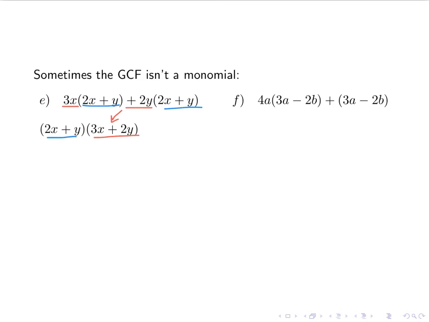Okay, so let's try another one. I look at what's in my parentheses, 3a minus 2b, 3a minus 2b. That's good, that tells me that's my GCF. And then I look at what's not in the parentheses. Now I've got a 4a plus, and then nothing after the plus.